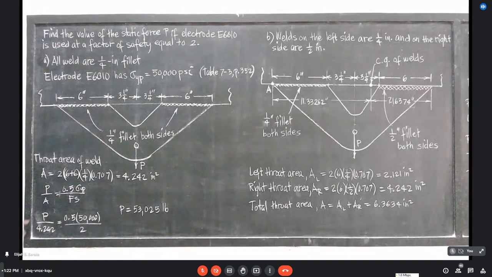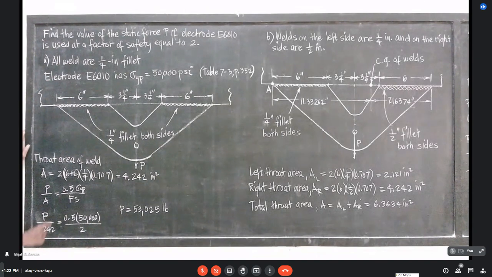So the stress, since this is passing through the center of gravity, is a direct shearing stress, which is P over the throat area. Therefore it is 0.5 times the yield point over the factor of safety, and we solve for P. Since all of these are given, the factor of safety here is 2.